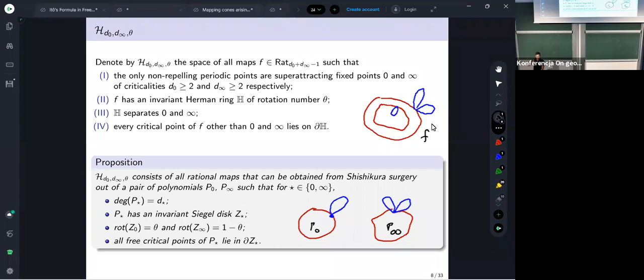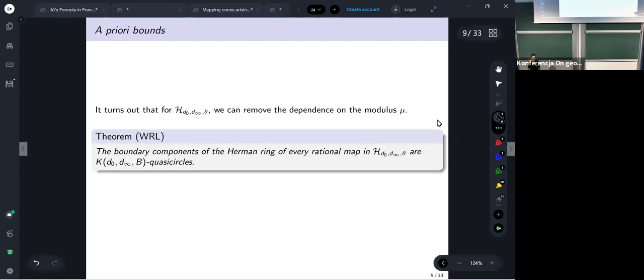Okay. So there is a reason why I introduced this space. Think of it as the simplest class of Herman rings for rational maps that you can think of. And for this class of rational maps, for this curly H space, I can remove the dependence on the modulus. So I have a priori bounds.